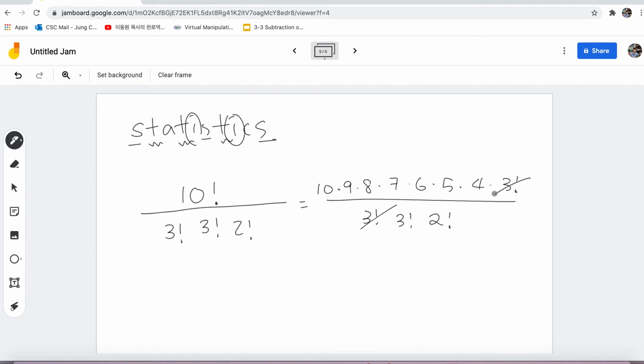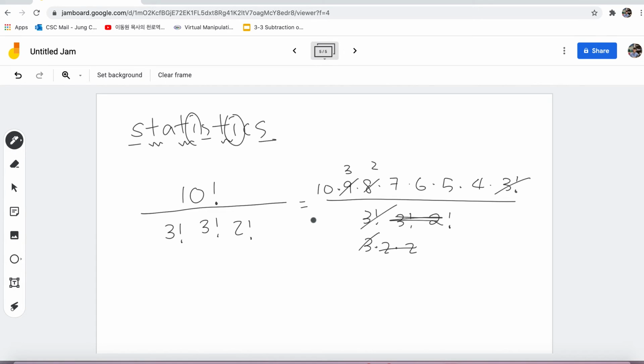We know 3 factorial is 3 times 2 times 1, and the 2 factorial is 2 times 1, so instead we can write 3 times 2 times 2, which is the same as 12. You can either cancel 3 with 9 and 2 with 8, or 2 with 4 and 3 with 6. It doesn't matter, whichever you like.